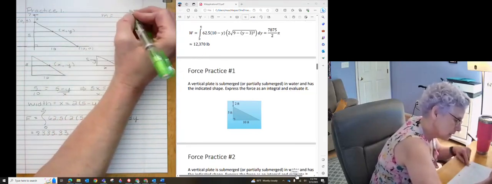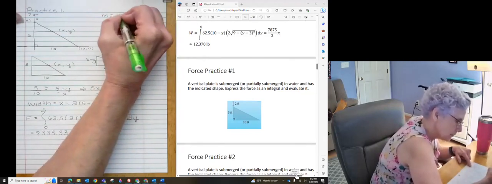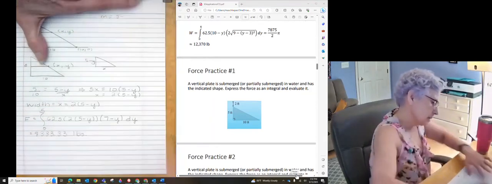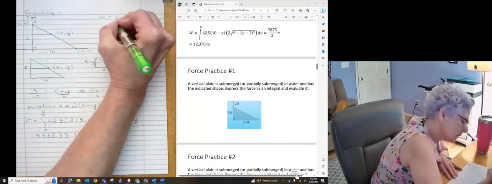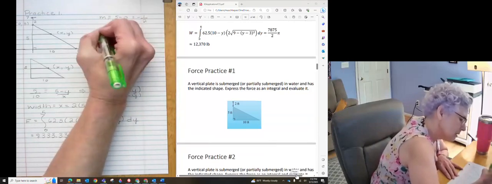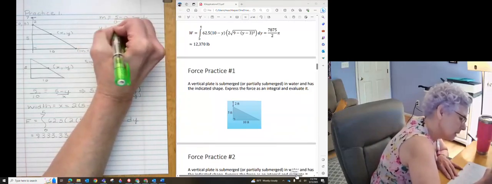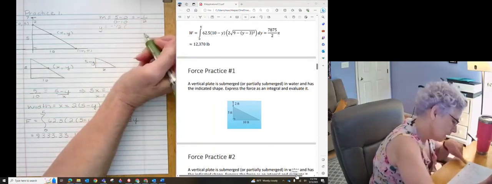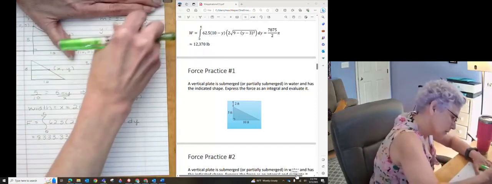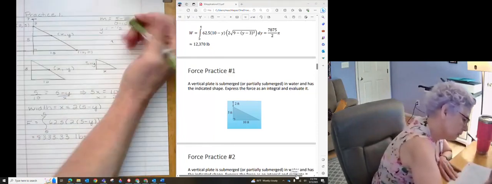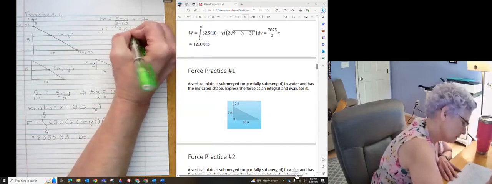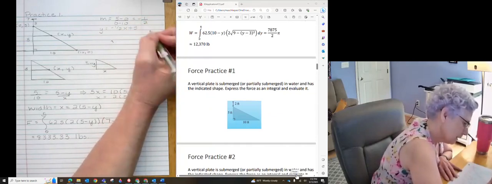Slope is equal to the change in the y's, so 5 minus 0 over 0 minus 10, which is negative 1/2. So y is equal to negative 1/2 x plus 5, since we know the y-intercept.